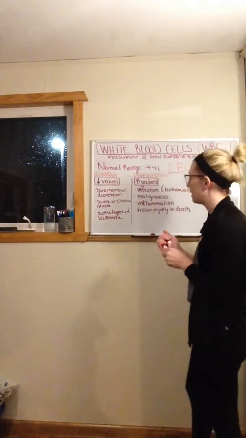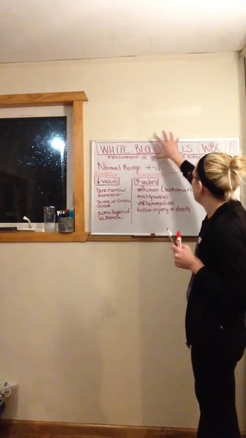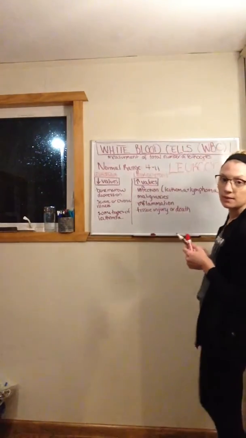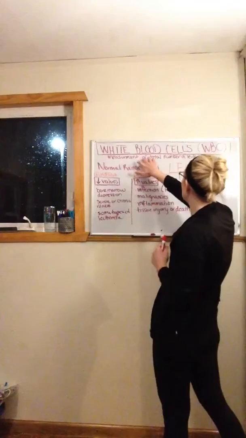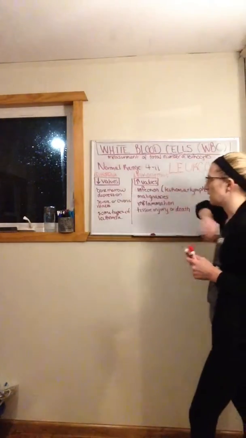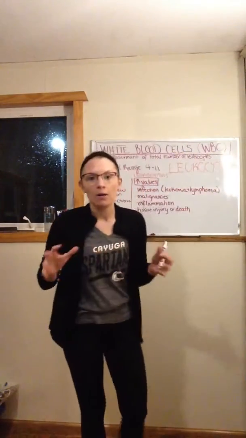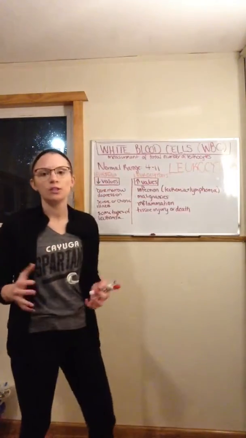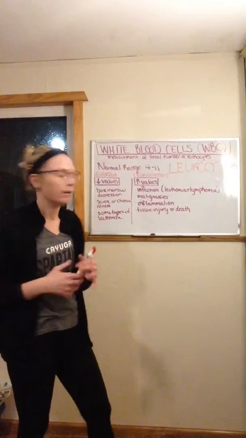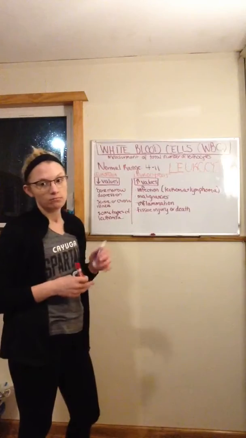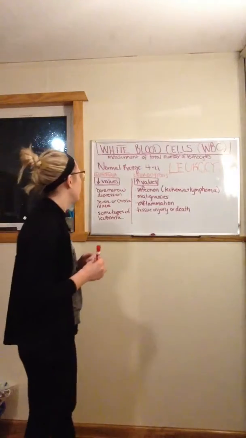Alright, but back to the top first. White blood cells, WBC. Okay? It's the measurement of the total number of leukocytes. So we want to know how many white blood cells this patient has throughout their body. Gives you a good idea, generally, of what's going on with the patient.